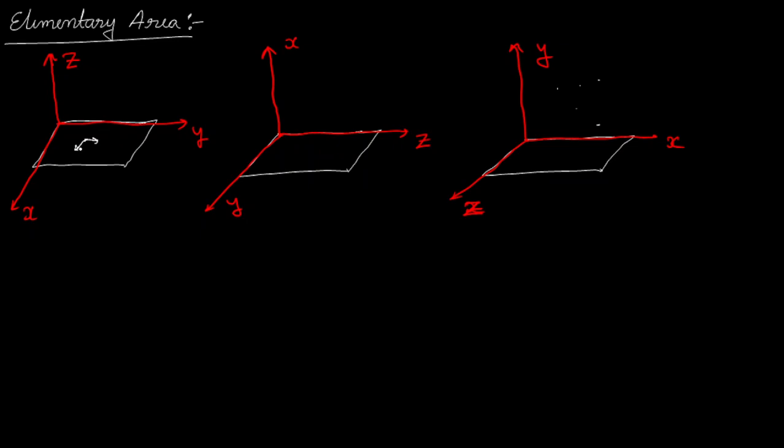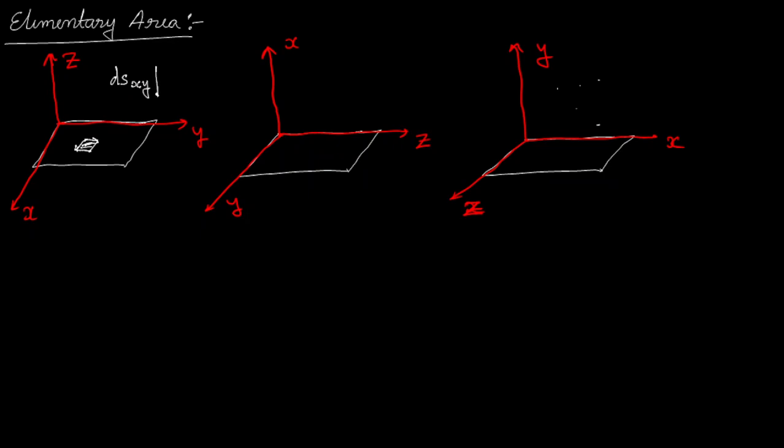So what will be this elementary area? For that we have to draw a parallel line from here, and also a parallel line here. This will be the elementary area in the xy plane. So we'll write dS vector, the elementary area, and since this area is on the xy plane, we'll write dS_xy.